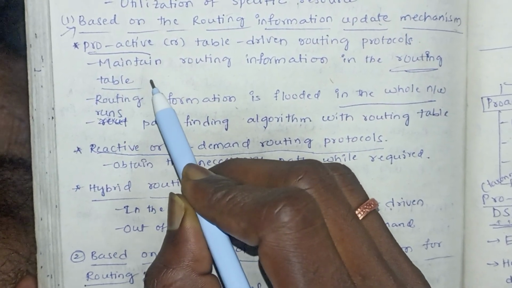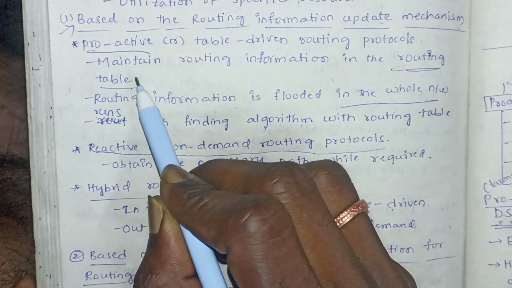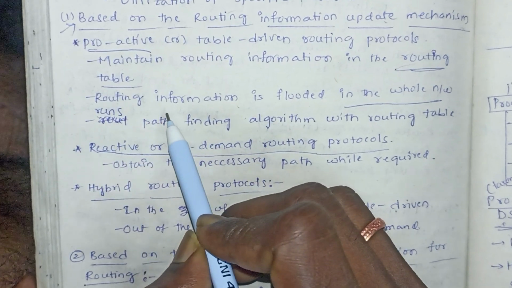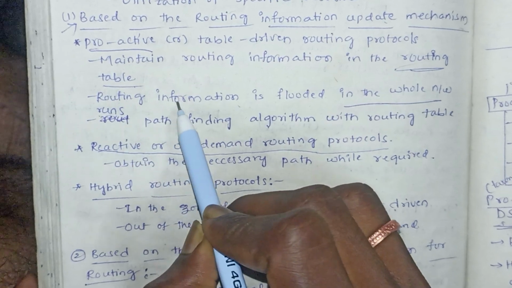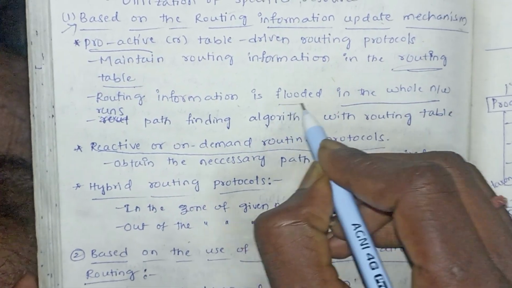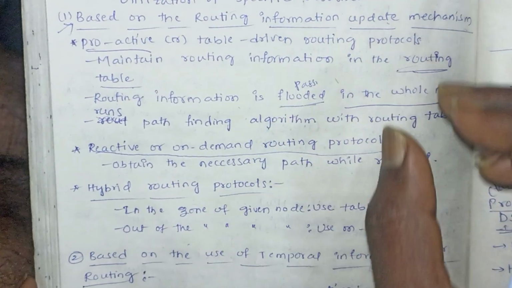They maintain routing information in the form of a routing table. Routing information is flooded in the whole network. What is flooded? Flooded is nothing but passing information from one node to another node.